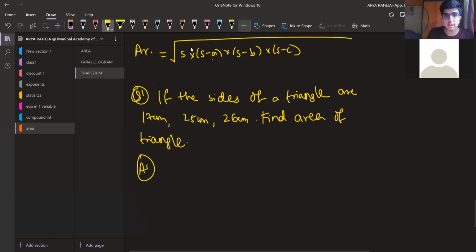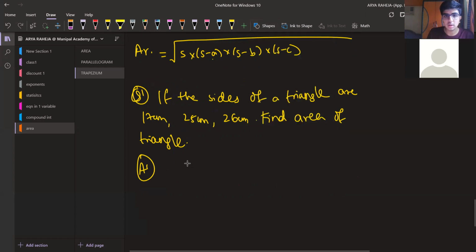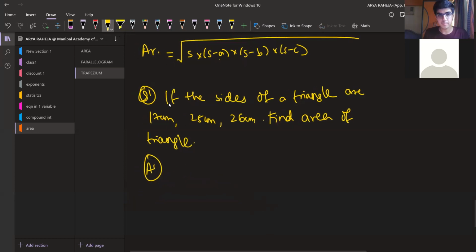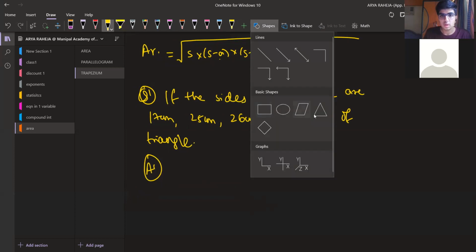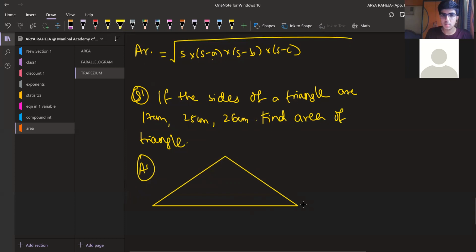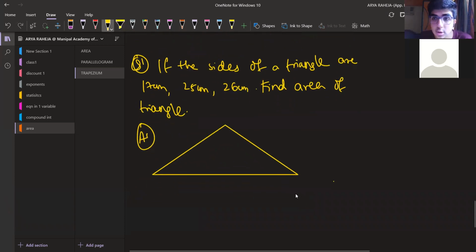So let me roughly draw the diagram. Okay, now if the sides of a triangle are 17, 25 and 26 centimeter, find area. तो देखते हैं चलो.